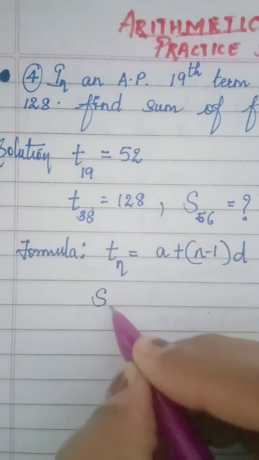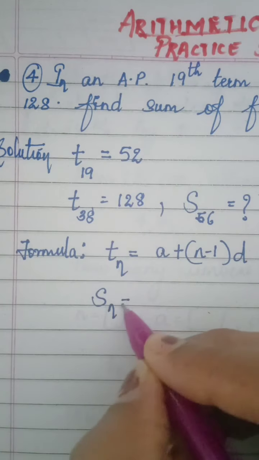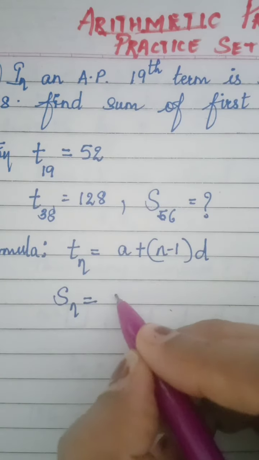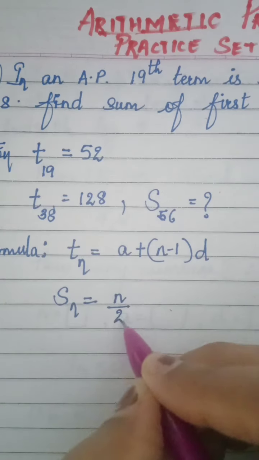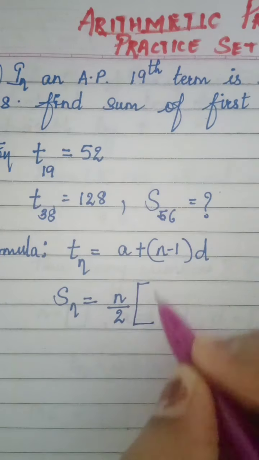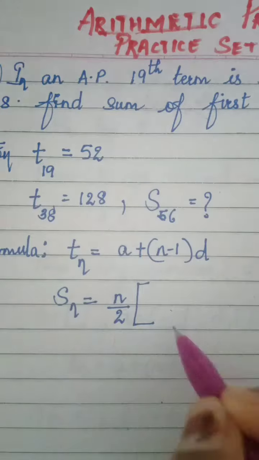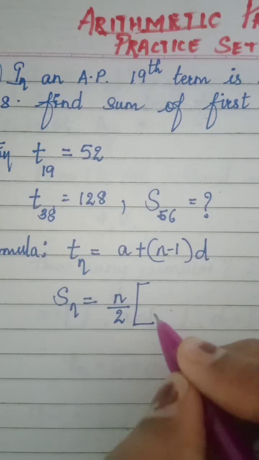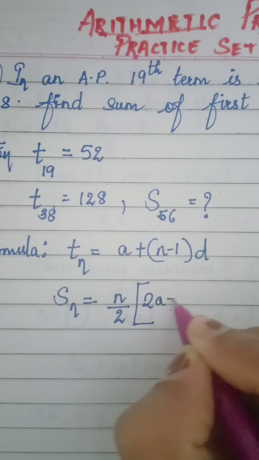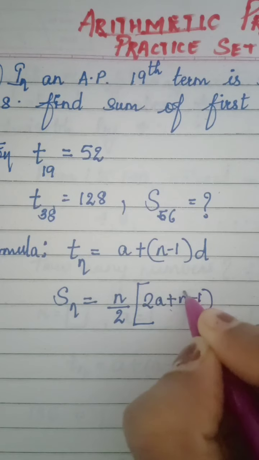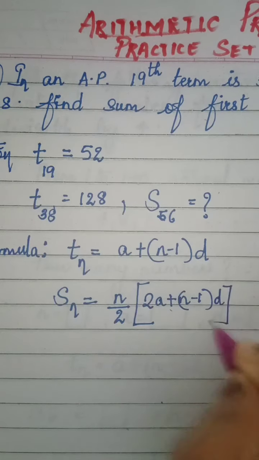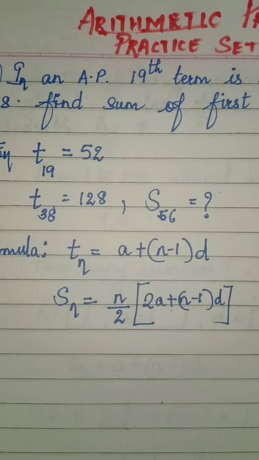We know that formula also. Sum of n number of terms is equal to n upon 2, bracket start, 2A plus n minus 1, the whole multiplied by D. Both the formulas I wrote.